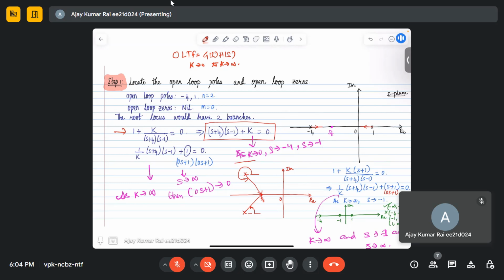As K tends to 0, s tends to the poles. Here 1 and -4 are the poles, so we have marked them with crosses, and the value of K equals 0 there. That is what this equation shows. The characteristic equation is 1 plus K by (s plus 1)(s minus 1) equal to 0.